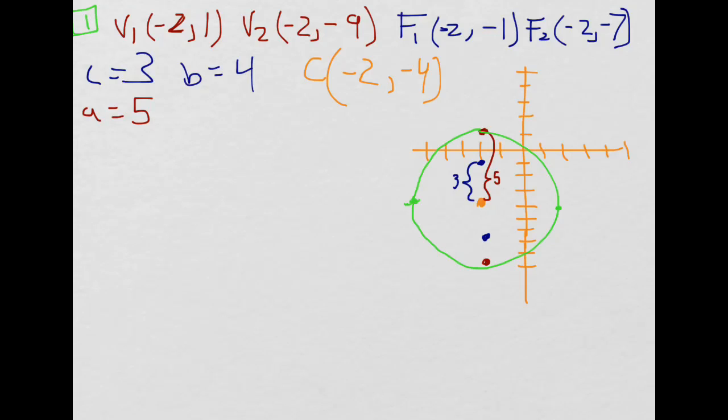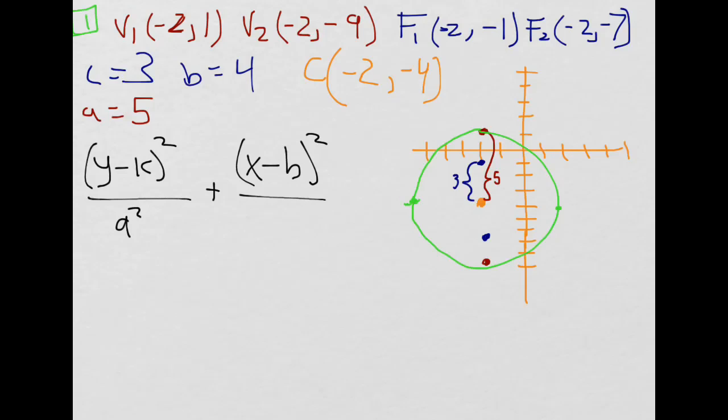So remember, we are dealing with the equation of a vertical ellipse. And so that is going to be (y minus k) quantity squared over a squared, and a is with y because it's vertical, and remember a has to be bigger than b, so (y minus k) squared over a squared plus (x minus h) quantity squared over b squared equals 1.